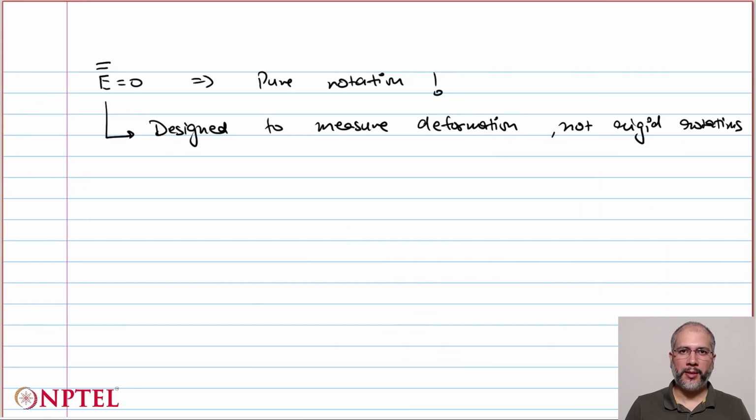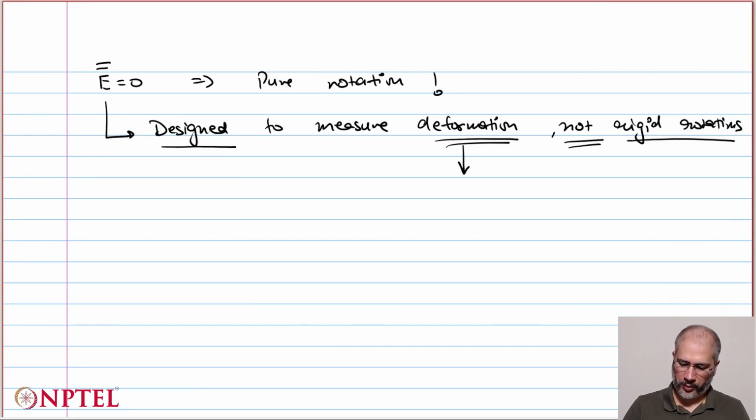So the quantity E that we just saw, which is our first strain tensor, the Lagrangian strain tensor in this case, it is designed to measure deformation, not rigid rotations. So remember our F tensor, which was the deformation gradient tensor, there by definition we had removed translation. So what was left was rigid rotations and deformations. So here further what we have done is by defining this new tensor E, we have even removed rotations from the quantity.